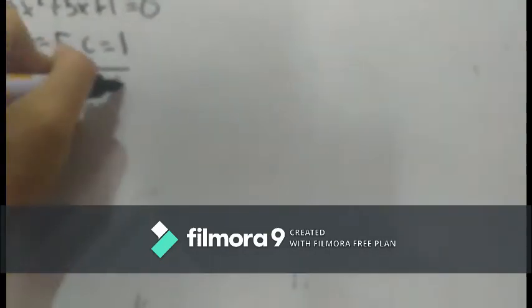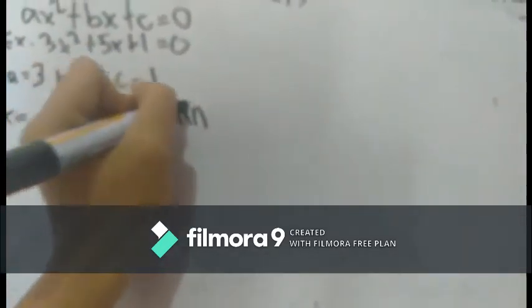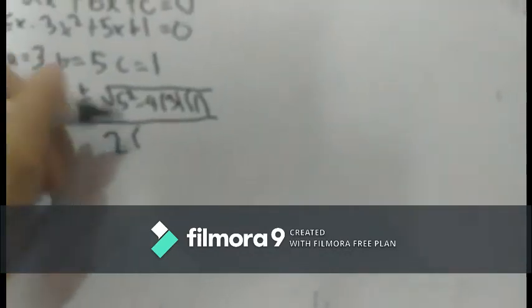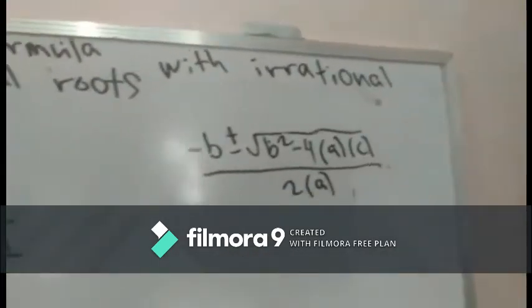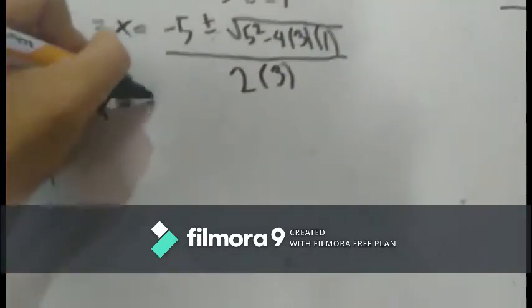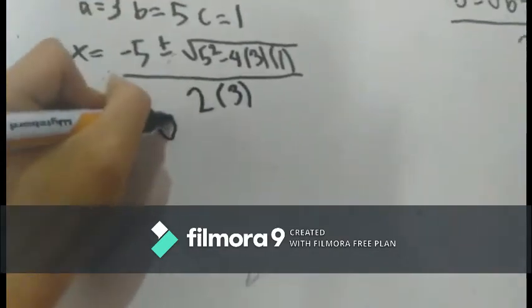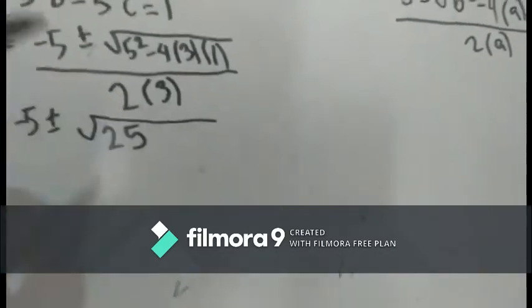x equals negative 5 plus or minus the square root of 5 squared minus 4, these are a, these are c, over 2, then we put our a. But before we proceed, guys, this is the quadratic formula with irrational real roots. That is its formula. So we proceed. x equals negative 5 plus or minus. The 5 squared will become 25 because 5 times 5 is 25.